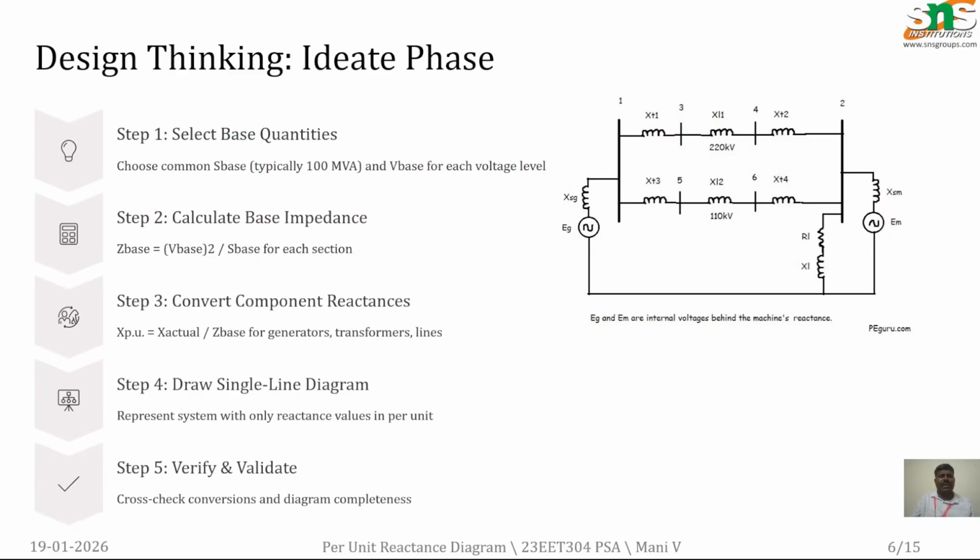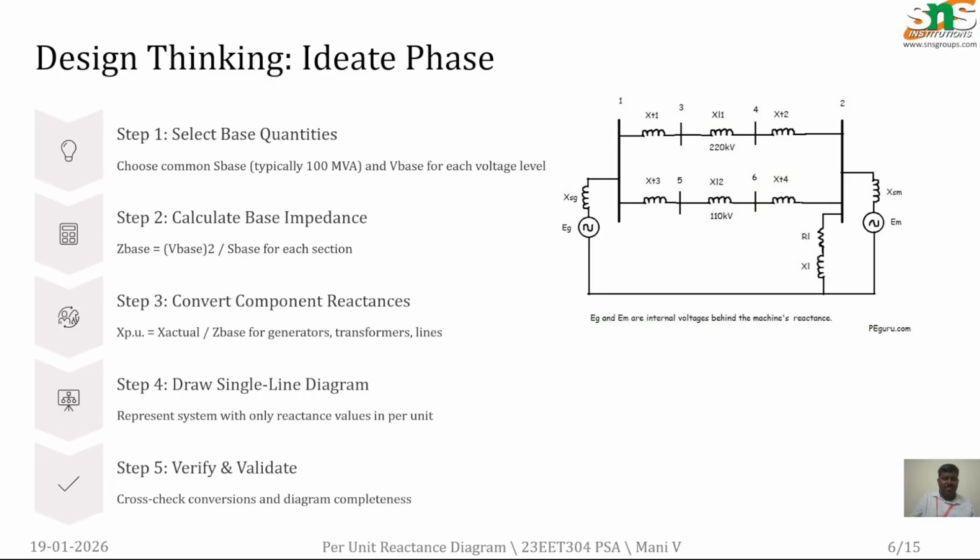In the ideate stage, how do we draw the reactance diagram? Step one, we have to select the base value. The base value may be given, or we have to choose the new base MVA and the new base kV for each voltage level. The MVA base is common for the entire system, and the new base kV changes according to the voltage level.